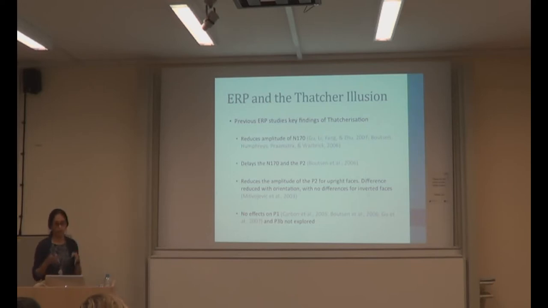So when the faces are inverted, there's no difference between typical and Thatcherized faces. The consensus on these few studies is that there aren't any effects at P1, but the P3B has not been explored in these studies with Thatcherization before.